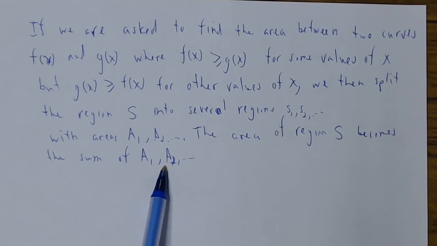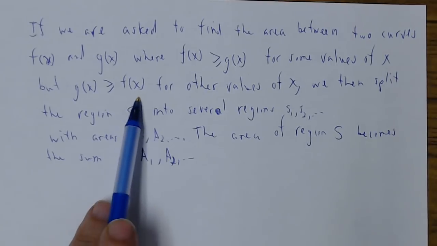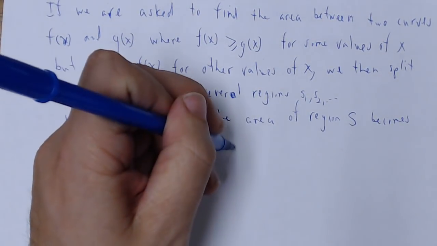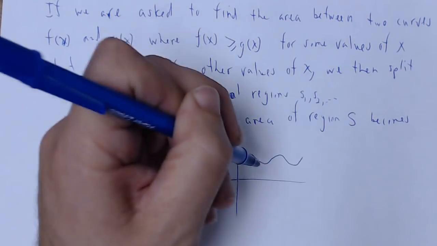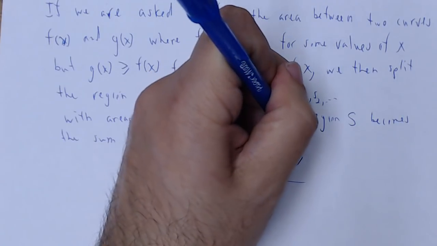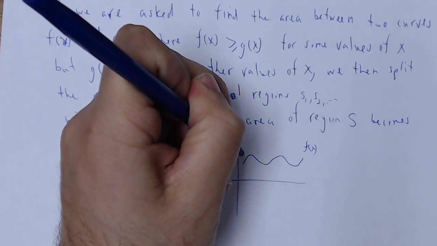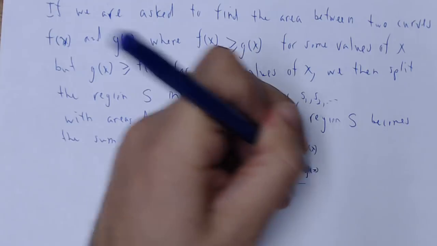And then if we add those areas of each one of those regions, the sum will just give us the area between, or it'll give us whatever S is. So in other words, if I gave you something that does this, let's say that's F, and let me use a different color, that's F, and if this is G, what do you notice?